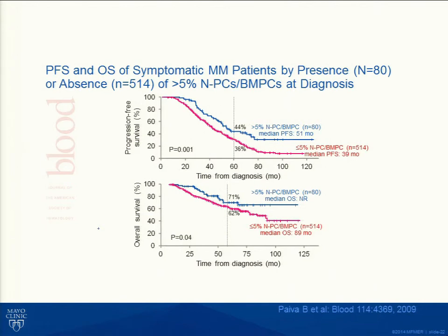This is from the Spanish group again, where they stratified patients into those that had greater or lesser than 5% normal plasma cells as part of the total plasma cell pool at the diagnosis of multiple myeloma. What they found is that if you have more than 5% normal plasma cells, which are the blue curves here, they had statistically significant lower rates of disease progression and also better overall survival.